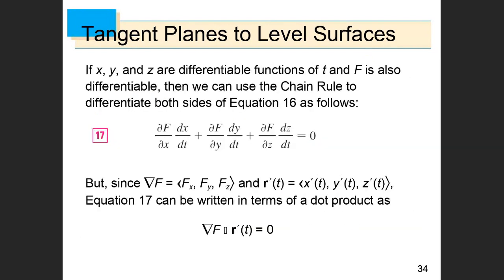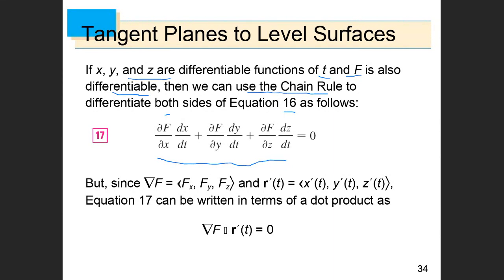Okay? So if x, y and z are differentiable functions of t and capital F is also differentiable, then we can use what we've seen in the previous section, 14.5, the chain rule, to differentiate both sides of equation 16 and obtain the following. It means that the derivative of f with respect to t needs to be equal to 0.